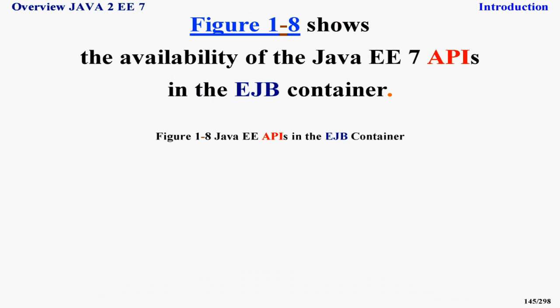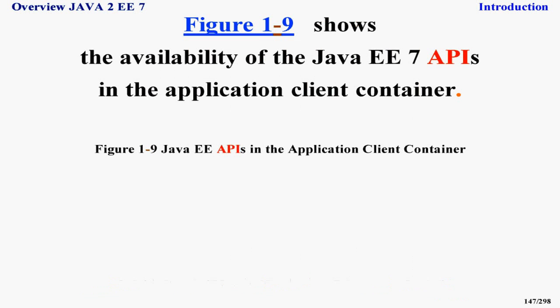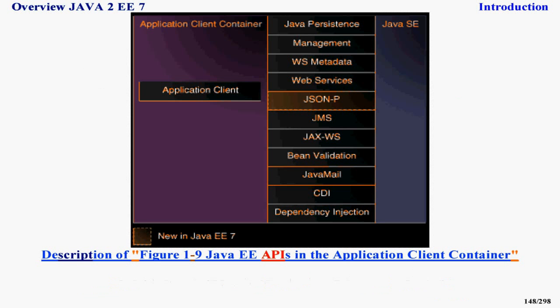Figure 1-8 shows the availability of the Java EE 7 APIs in the EJB container. Figure 1-8, Java EE APIs in the EJB container. Description of Figure 1-8. Figure 1-9 shows the availability of the Java EE 7 APIs in the application client container.